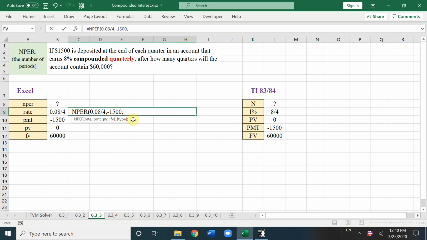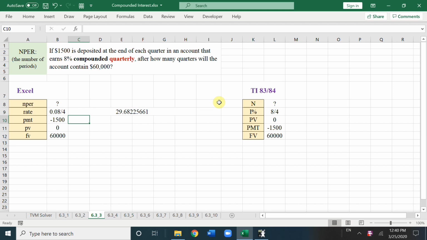Here you have to put the PV. PV is not given, but because the given argument is right after PV, you have to input 0, then 60,000. Also it is the end of each quarter, so the default is 0, you don't need to put 0.